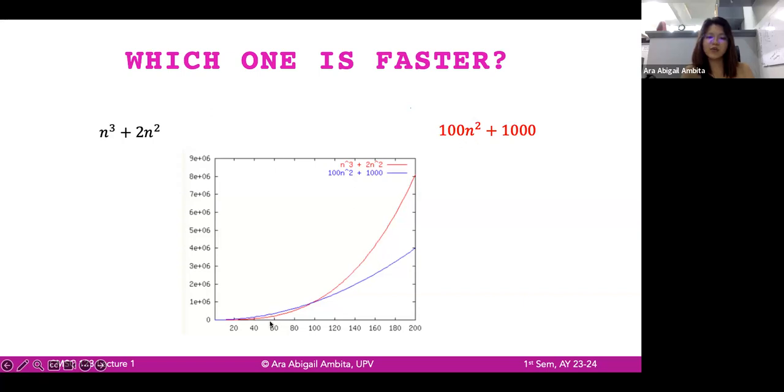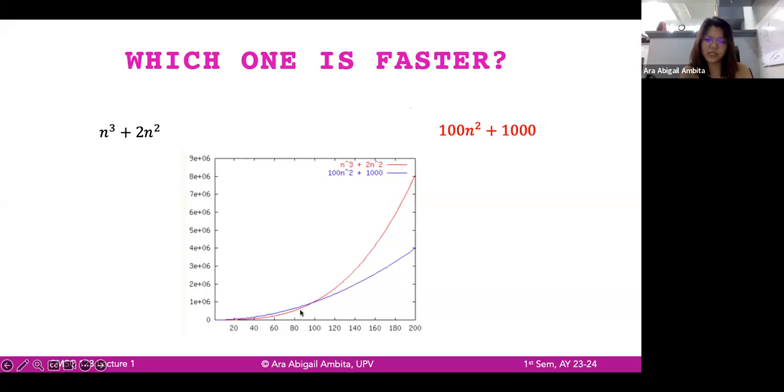Okay, and we also look here at the asymptotic graph of the two functions, wherein the red line is n cubed plus 2n squared, and the blue line is 100n squared plus 1000. The x-axis is the input size, and the y-axis is the running time. And as you can see, as the input size grows, the running time is also growing.